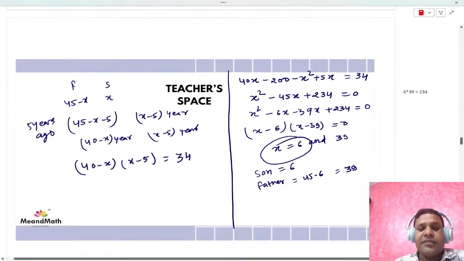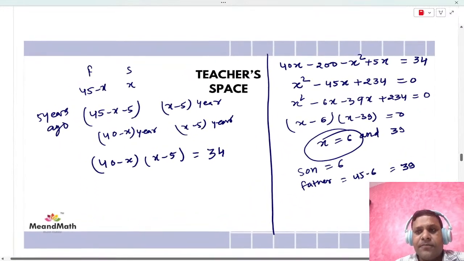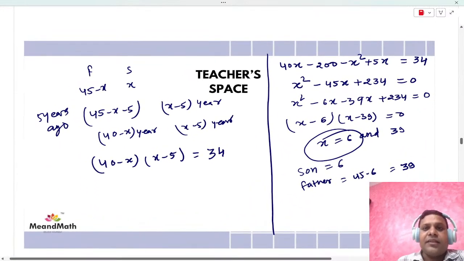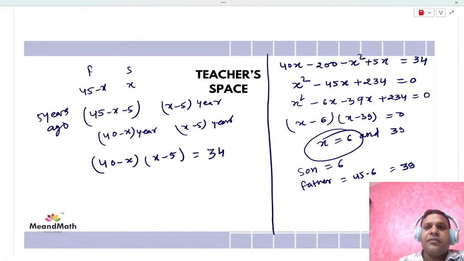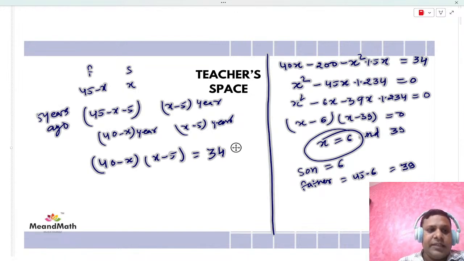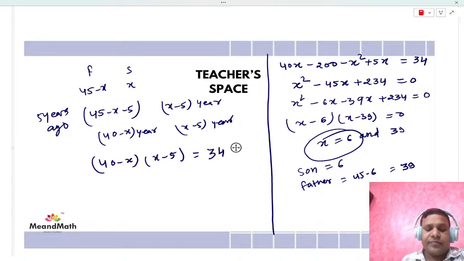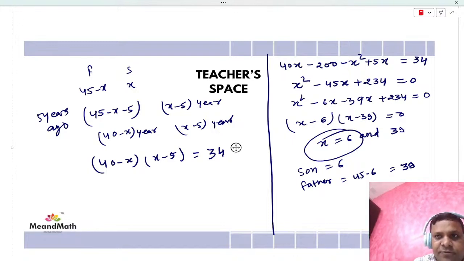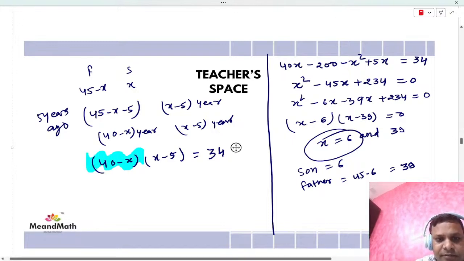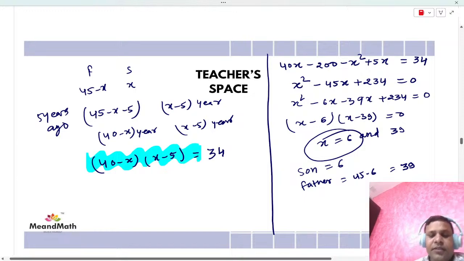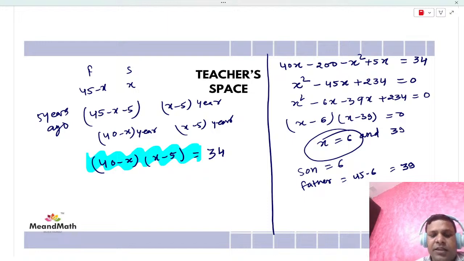Now I told you that there is another method, that is approximation. What is the approximation method? Let's check. Here, just focus on this. Multiplication of two integers is 34.